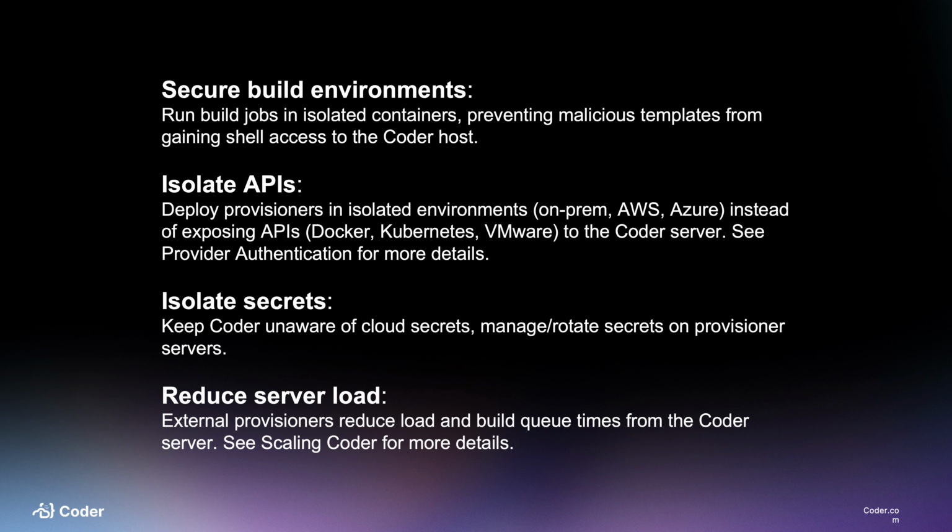You can imagine if you have a Coder deployment with hundreds of users, you don't want to be limited to only 3 provisioners, which means if you're doing a hackathon, for example, and 100 people are creating a workspace at once, they have to wait for 3 workspaces to be created at any given time. Instead you could run these external provisioners somewhere else, both to decrease load from the original Coder server and to give people the ability to create more than 3 workspaces at a time.